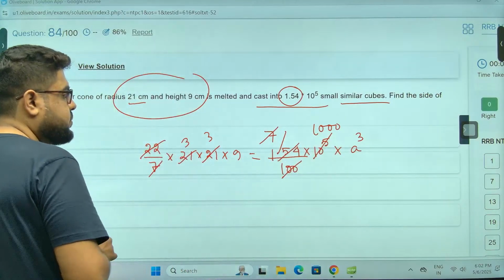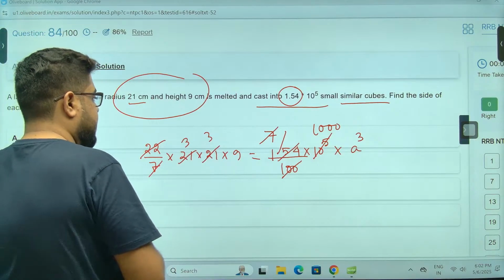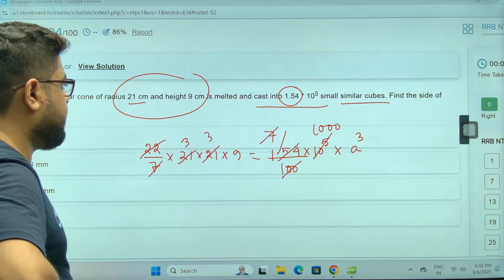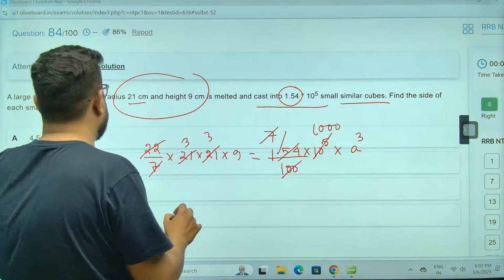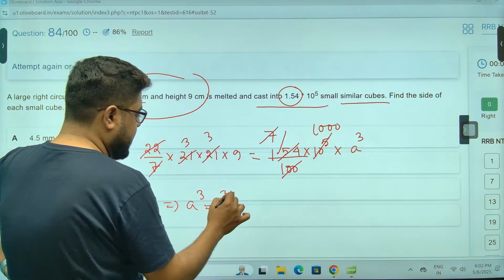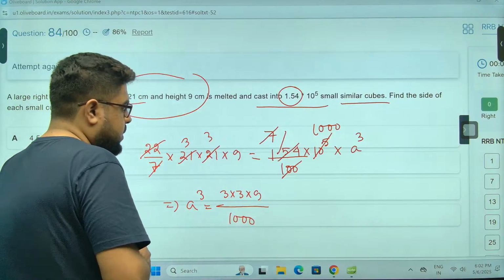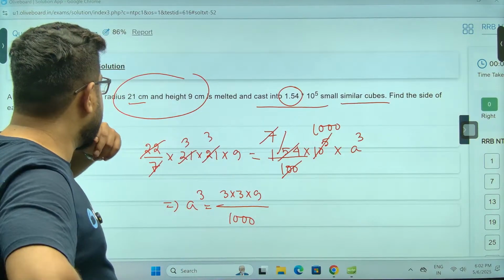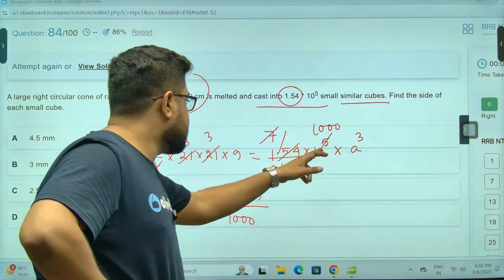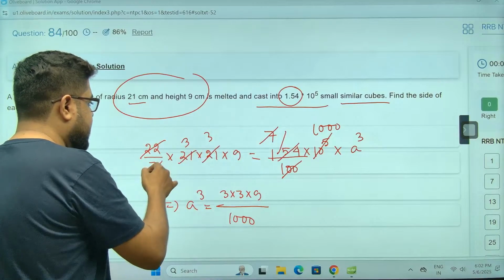Chalo, badhiya, anything else? Something went wrong. A cube is 3 into 3 into 9 by 1000, no, this should be 3. Have I made any mistake here? 22 into 7, 7 one 7 is gone, this also gone.